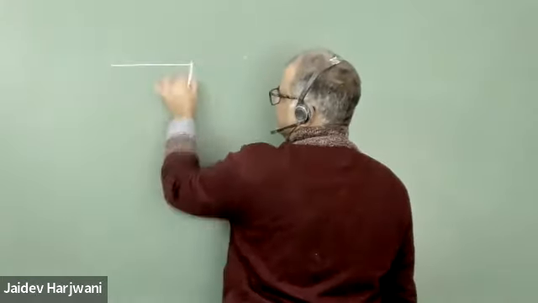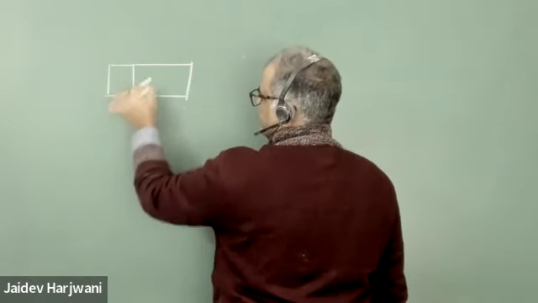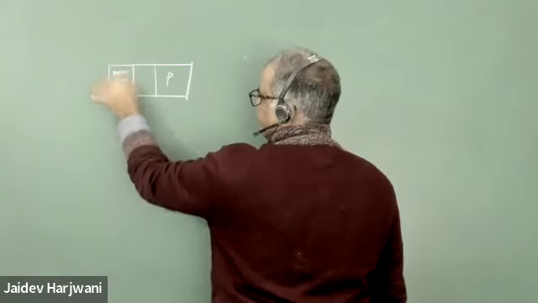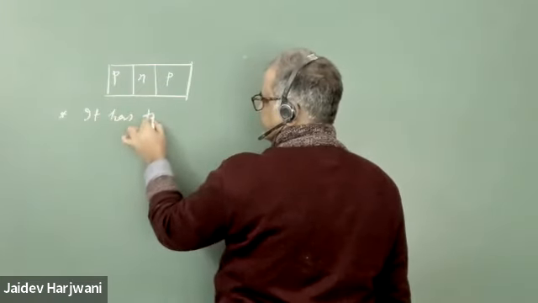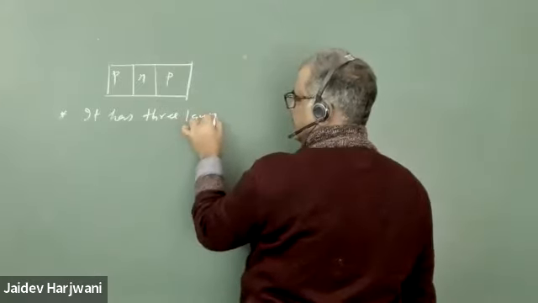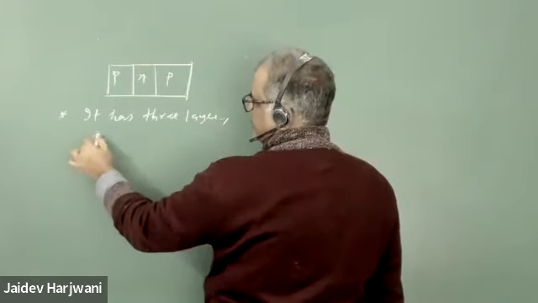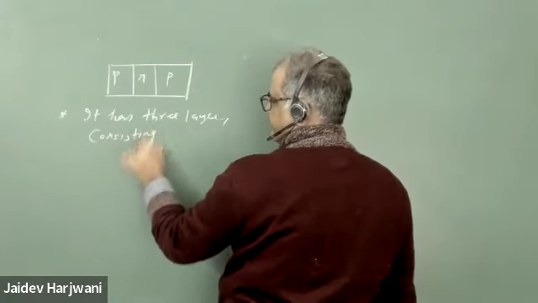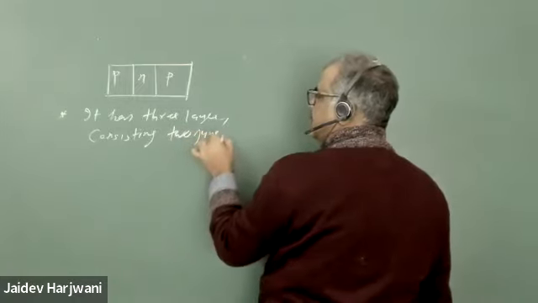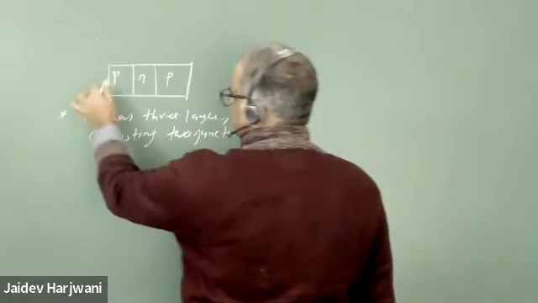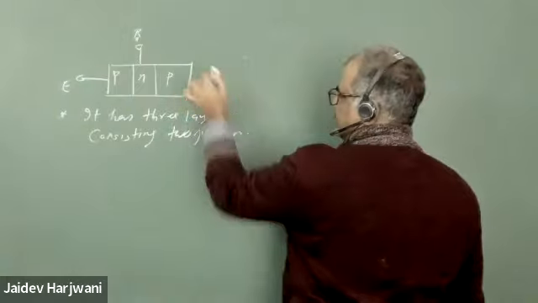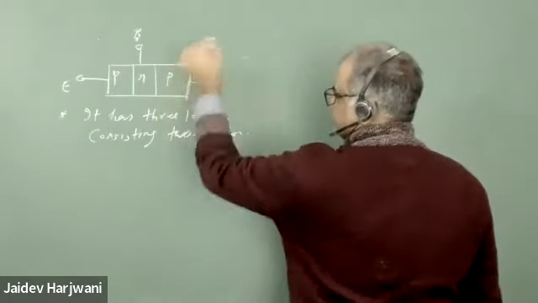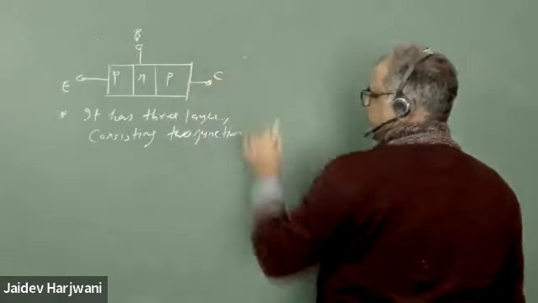So BJT is a three-layer device, like PNP, consisting of two junctions. One layer is called the emitter, the middle one is called the base, and the third layer on the right-hand side is called the collector.